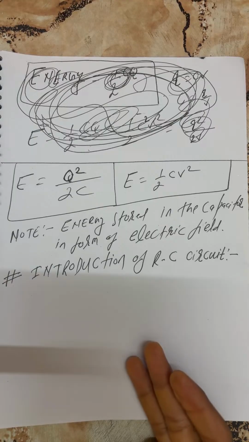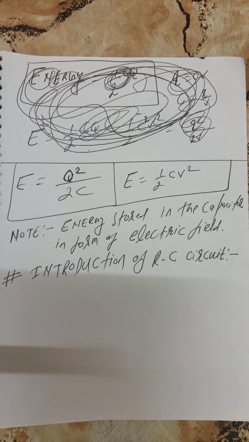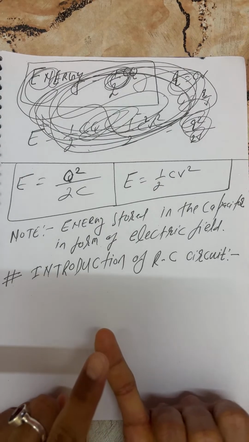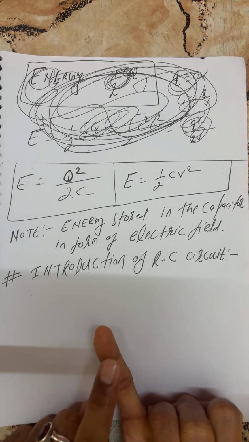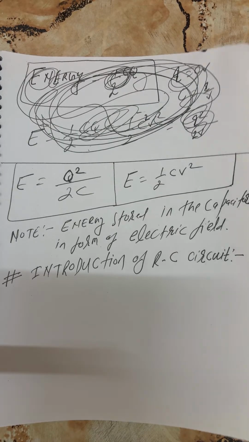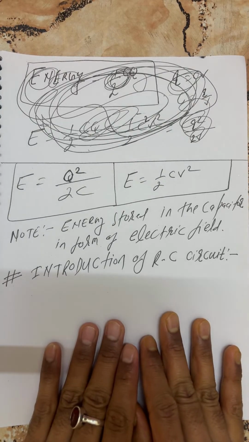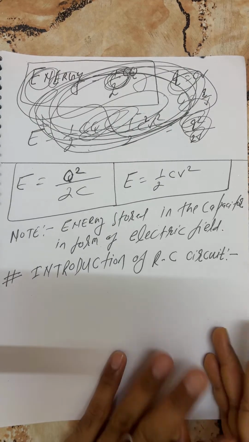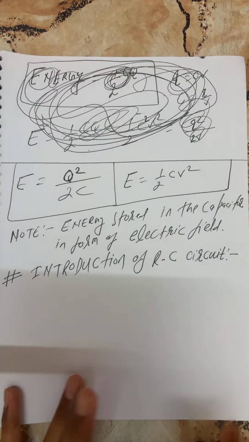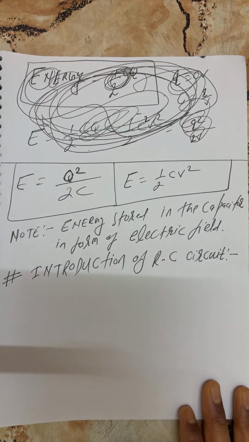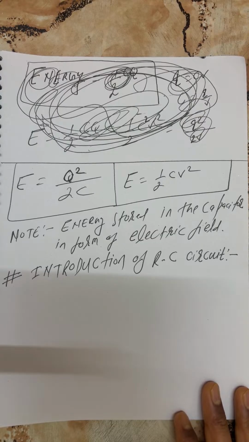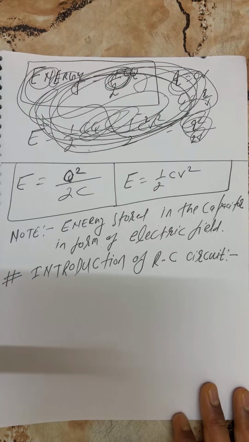Students, in physics there are three circuit elements. What is the first one? My kid, the first one is the resistor, which is a part of current electricity. Students, the second is what? Capacitor, which we will learn here. And the third is what? Inductor, which we will learn in the chapter of EMI. Right. So what's the topic here? Introduction of RC circuit.